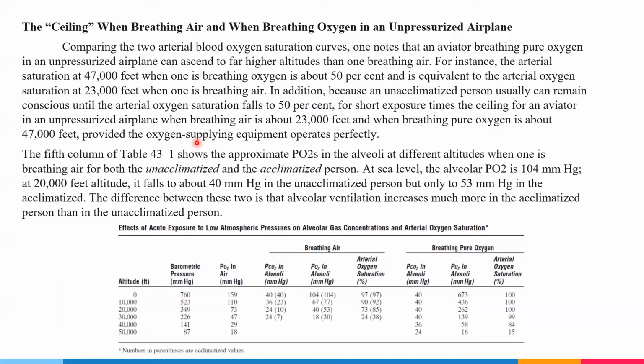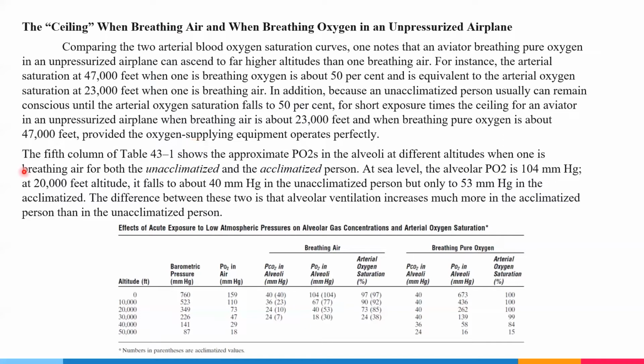And this is why we see that in most cases, aviators flying jet airplanes, which go to even higher altitudes, always have air masks on so that they can continue breathing pure oxygen, so that their ceiling or the maximum height or altitude they can reach while flying the plane is high enough that they can easily survive that altitude.